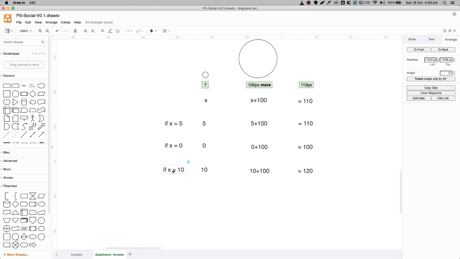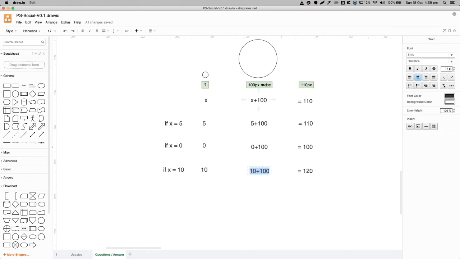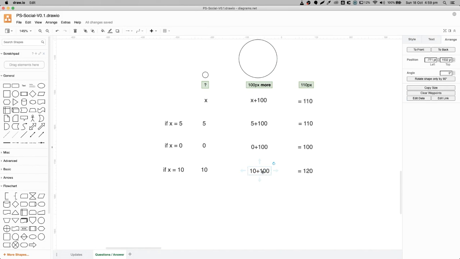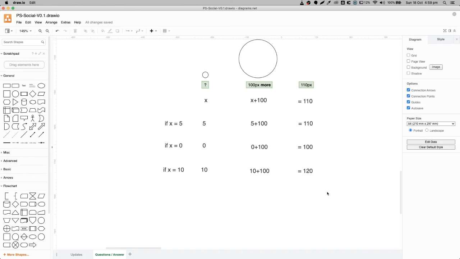And the final explanation, if I assume x equals 10, if I assume this ball is 10 pixels big, then test 10 plus 100, because we still need the bigger ball to be 100 pixels more, then this altogether makes 110 plus 10, 120. So this one is incorrect.